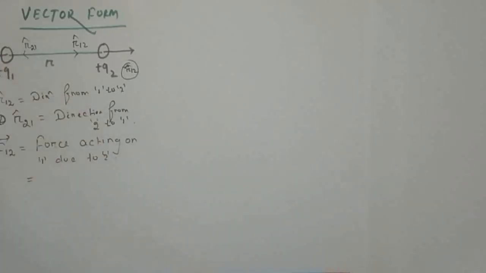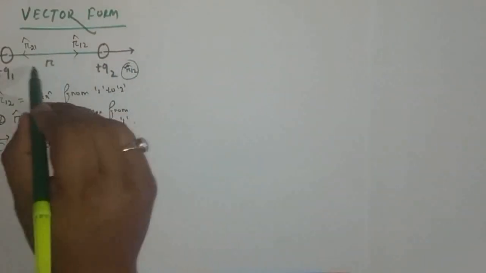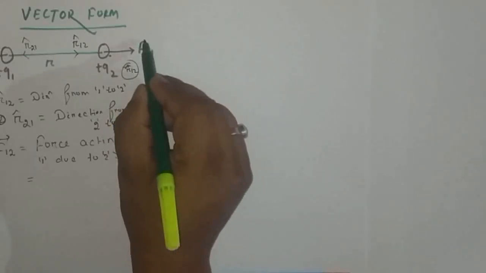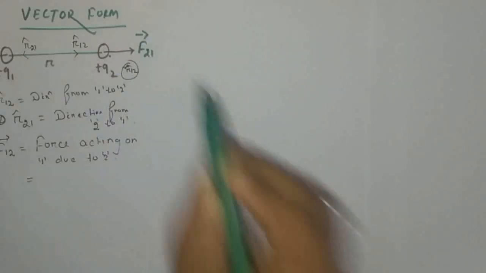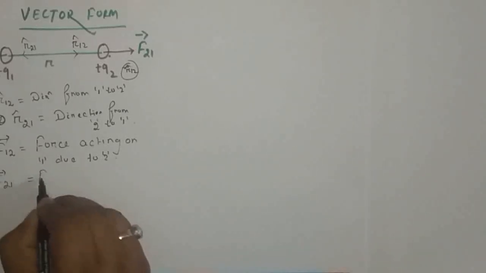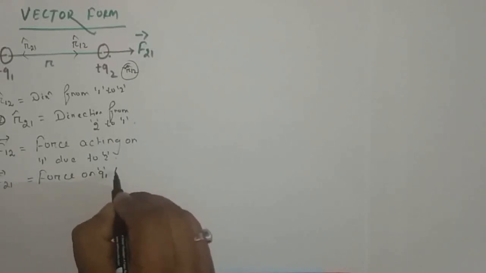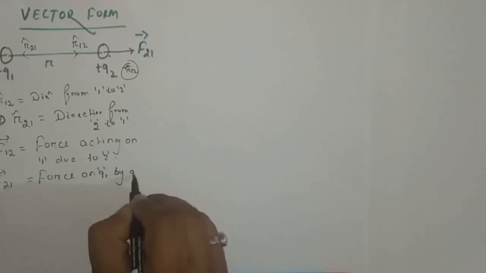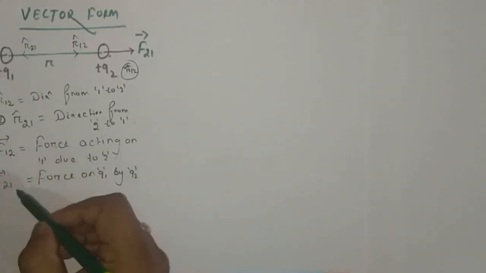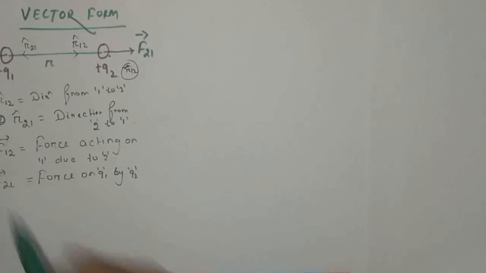This is F1 2. So what is the direction of F21? Similarly, force acting on 2 due to 1 will be F21. This is the direction. Similarly I will write force on Q1 by Q2 or due to 2. Who is applying force? That is outside. On whom it is acting? That is inside.